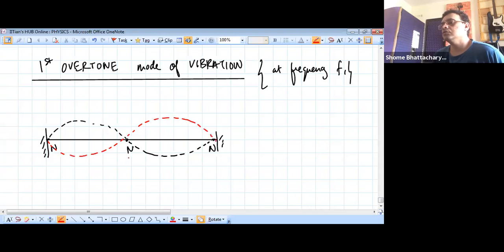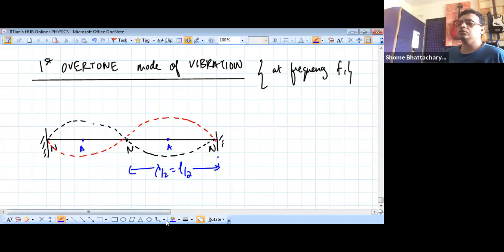So this distance, lambda by 2, is in fact half the length. The first overtone mode has 2 antinodes and 3 nodes.